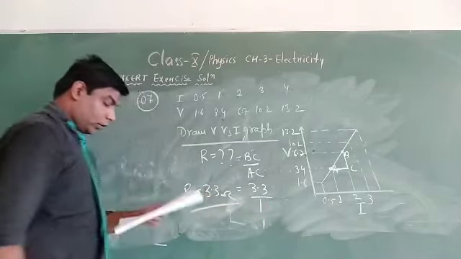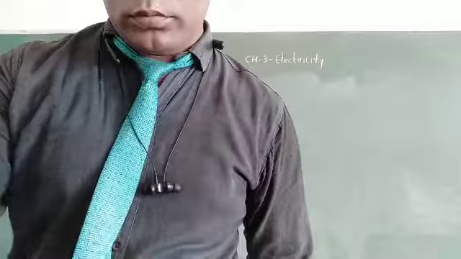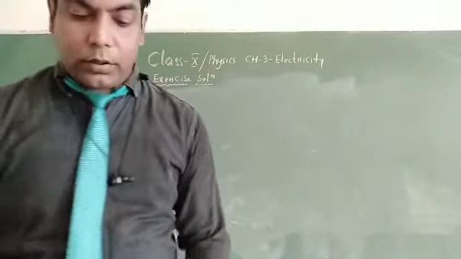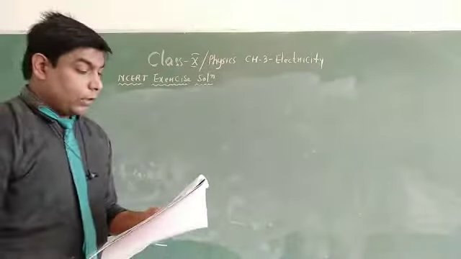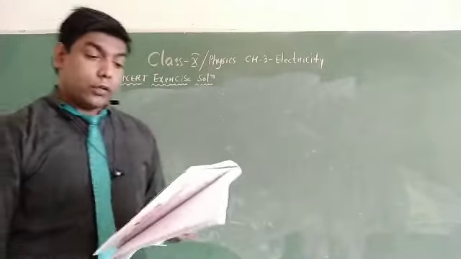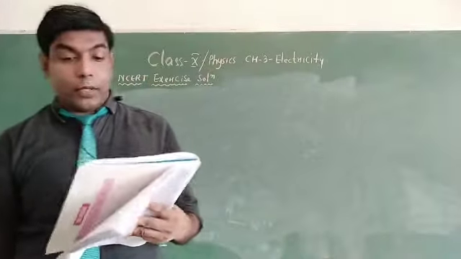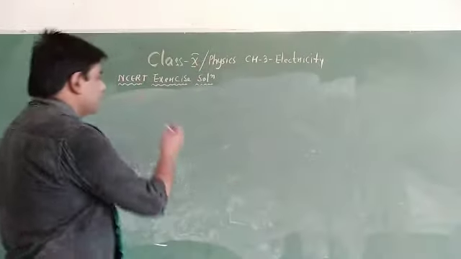Next, question number 8. Yes, question number 8. When a 12 volt battery is connected across an unknown resistor, a current of 2.5 milliampere is available. Very simple.